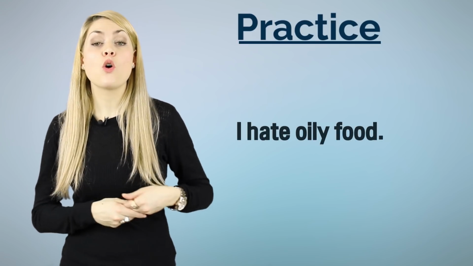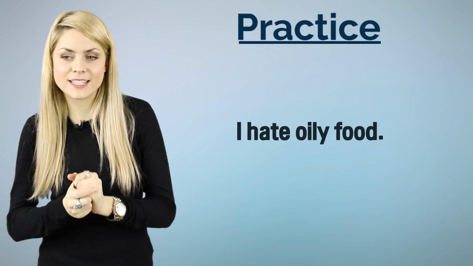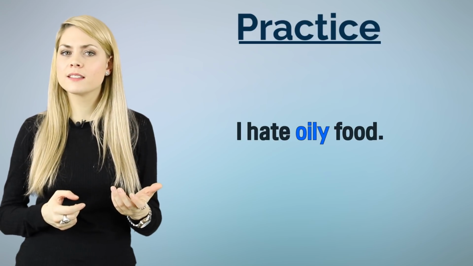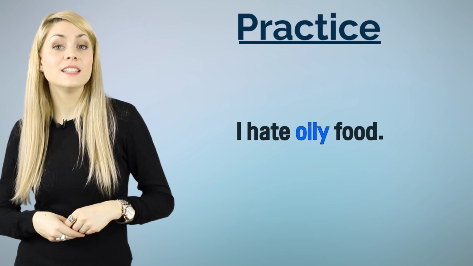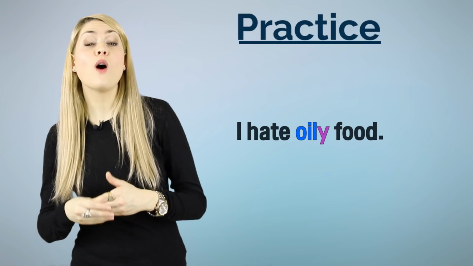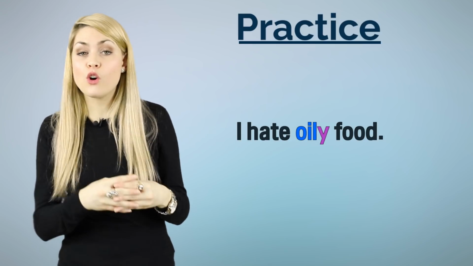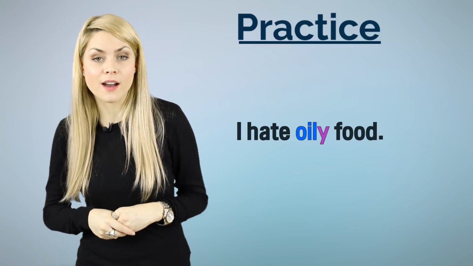I hate oily food. The adjective is oily, of course. Is there a prefix? There isn't. Is there a suffix? Of course. The y is a suffix. You have the word, the noun, oil, and to make it into an adjective, you add the suffix y.